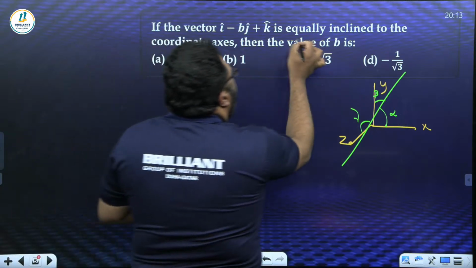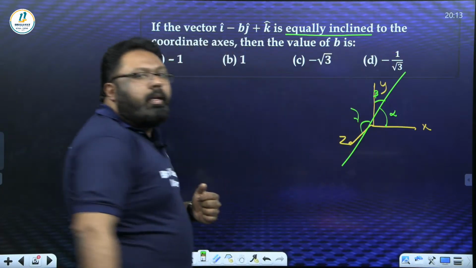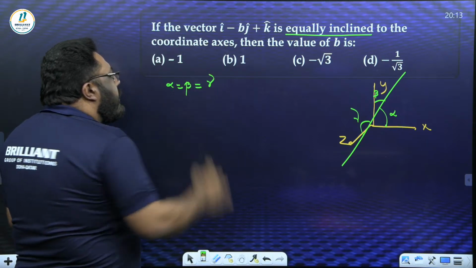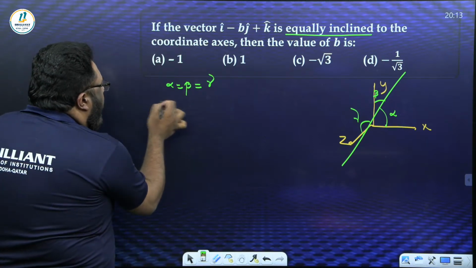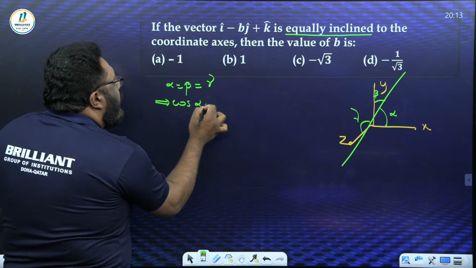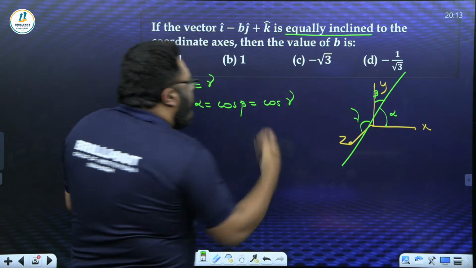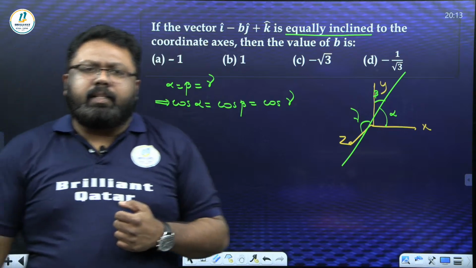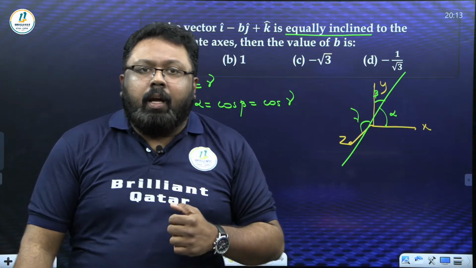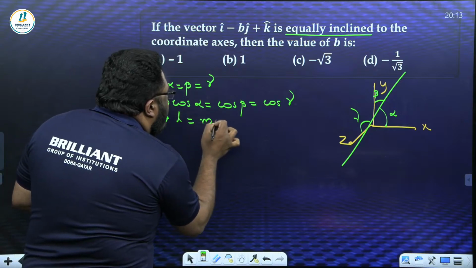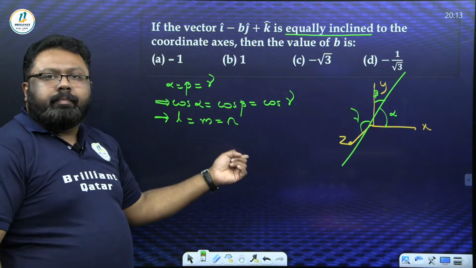And they're saying that it's equally inclined. Equally inclined means alpha equals beta equals gamma. That implies cosine of alpha equals cosine of beta equals cosine of gamma. So why did you take cosine, sir? Because cosine always gives me the direction cosines l equals m equals n.